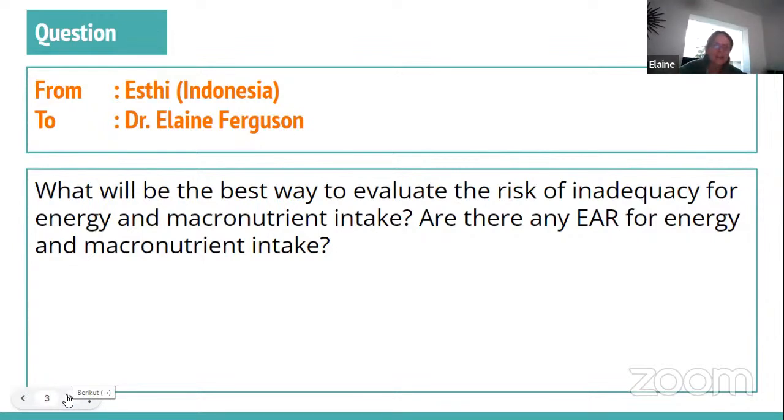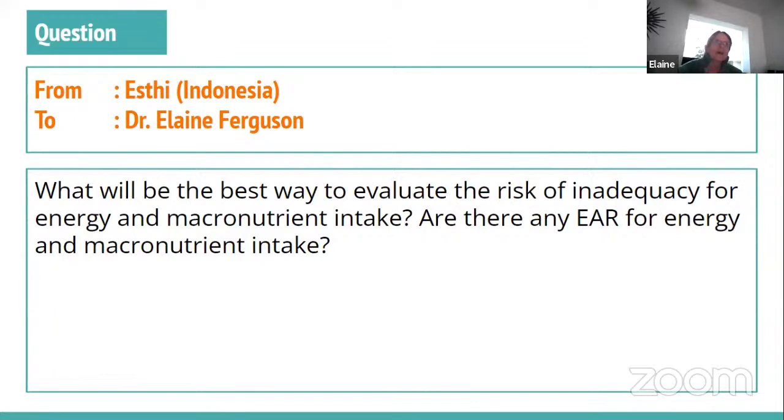And the reason for that, and again, thank you very much for this question, is because the amount of energy we consume is being driven by our energy requirements. And so the best way to evaluate whether you've got inadequate energy intakes is if you're losing weight, or if you've got a very thin population, then they aren't meeting their energy requirements.